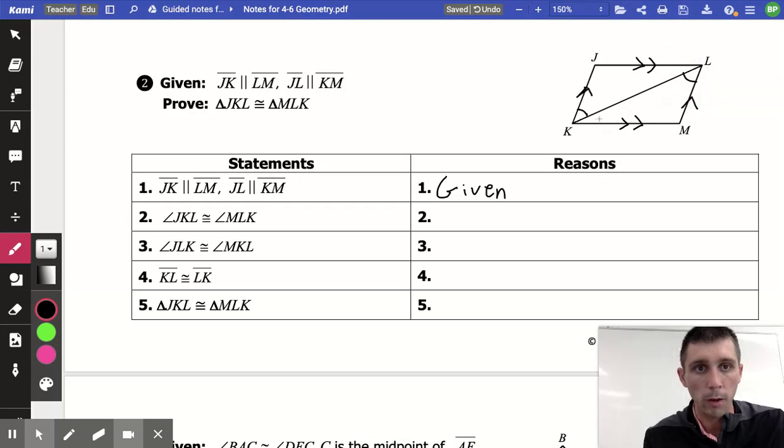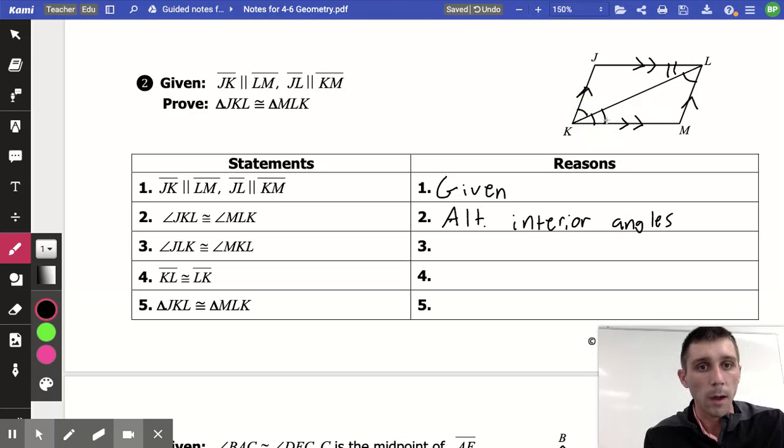How do we know that? What type of angles are these? Well, we have parallel lines and we have a transversal. They're on alternate sides, so they're alternate interior angles. Okay. Now we have JLK, the other side of it, and MKL, this side.